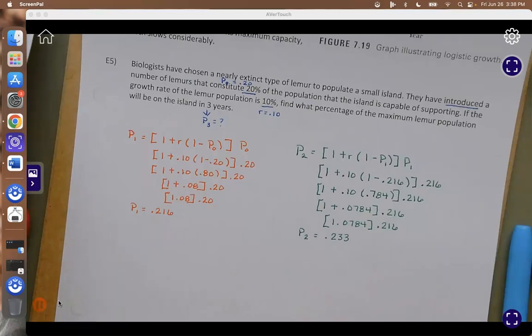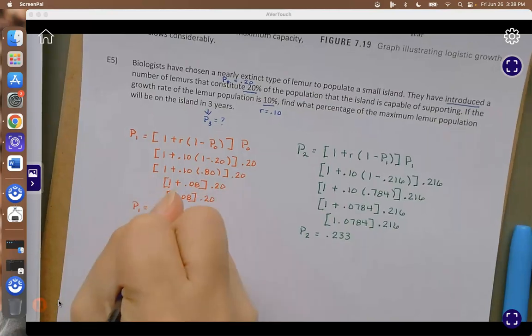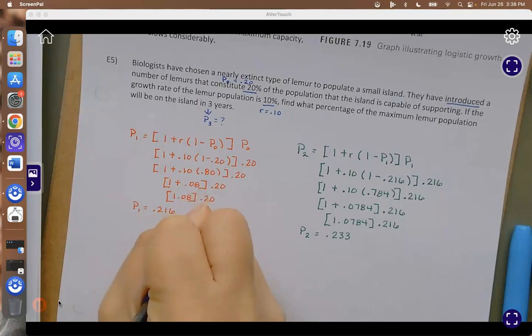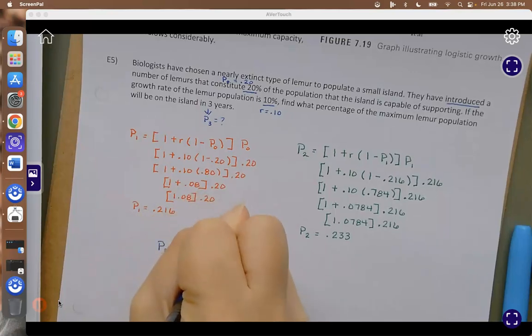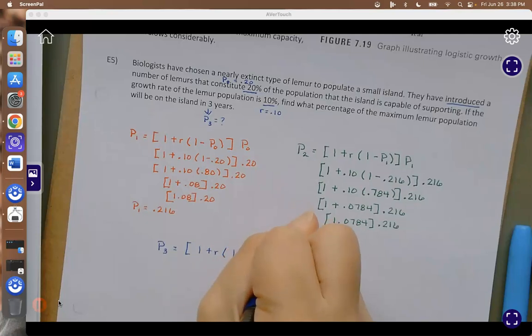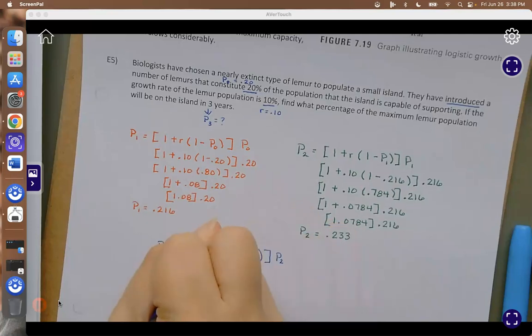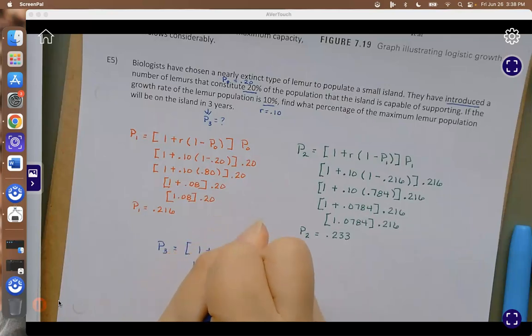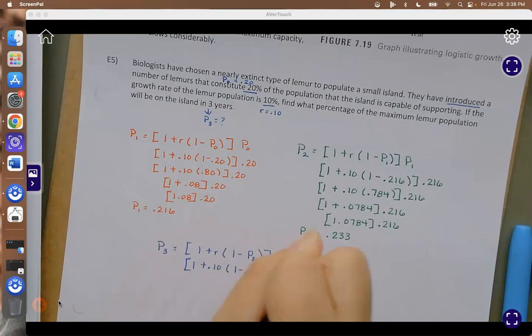Then let's do P of 3. This is the year that they wanted. So this one, we're going to do 1 plus R times 1 minus P of 2 times P of 2. So this is 1 plus 0.10 times 1 minus 0.233 times 0.233.